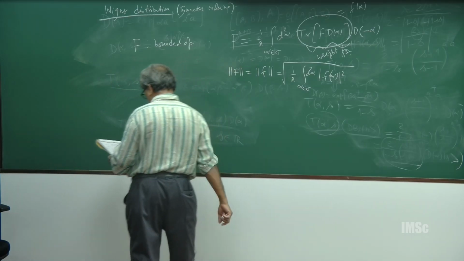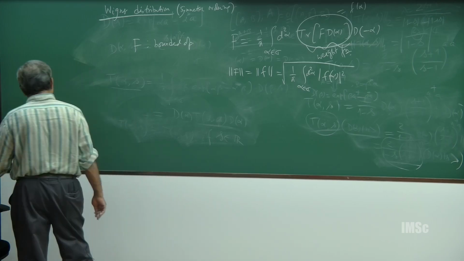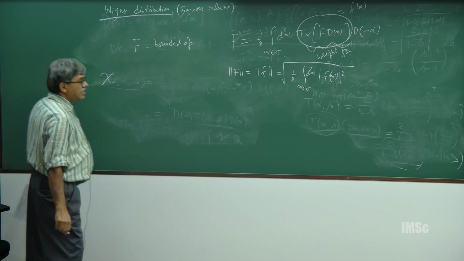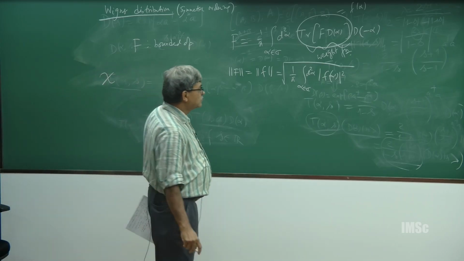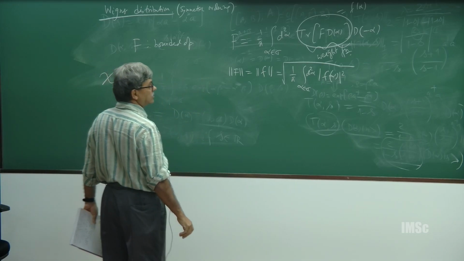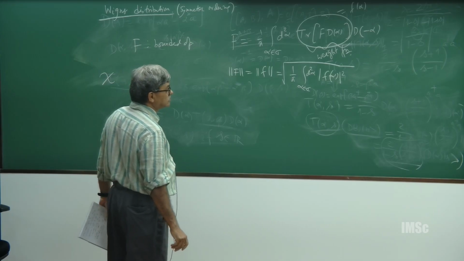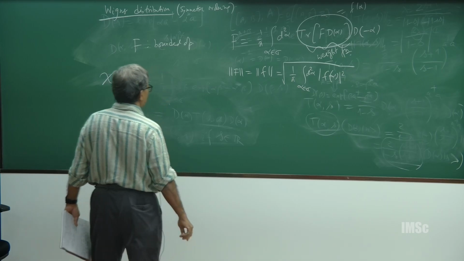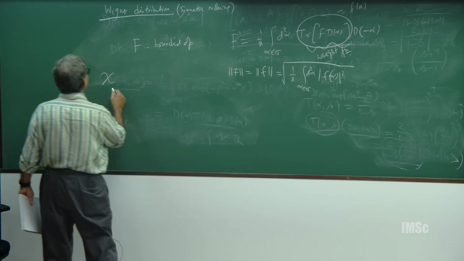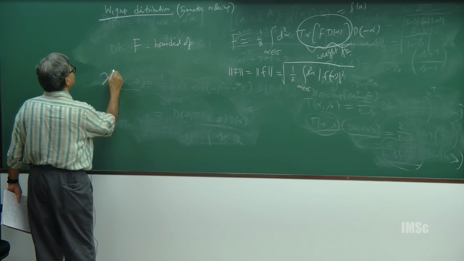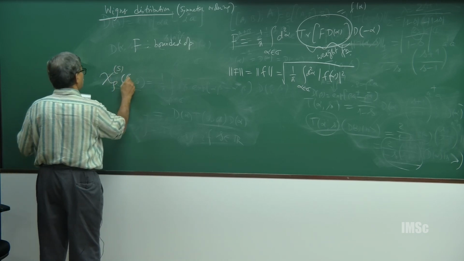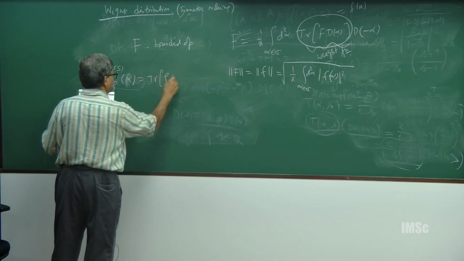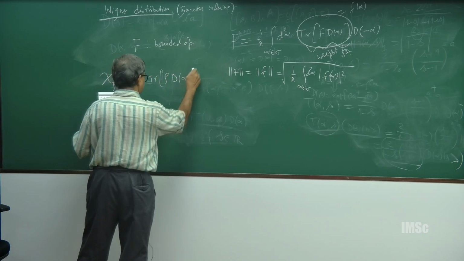Anyway, so this we have seen. Now let us look at this weight function. Let me call these rho symmetric ordering of alpha, which is trace of rho D of alpha.